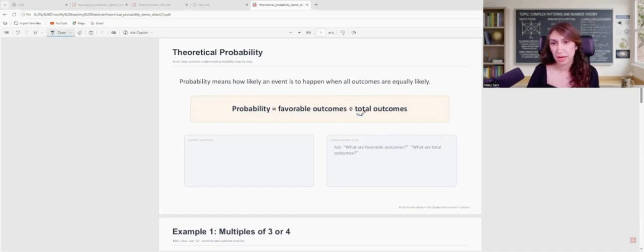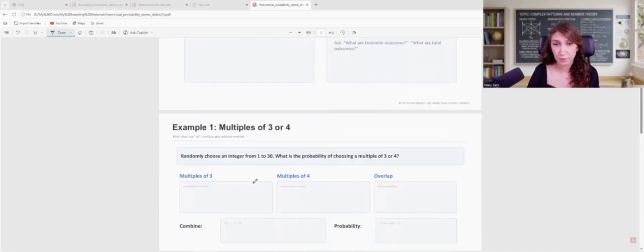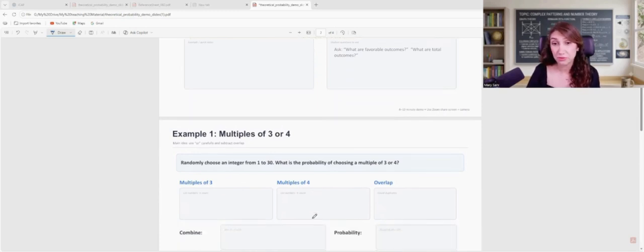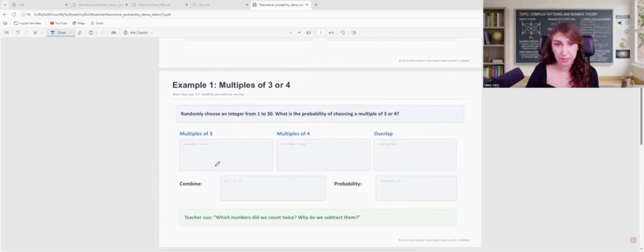Our total outcomes would be 30. Good job. And what we need to find? Yes, we need to find the probability of choosing a multiple of 3 or 4. Let's find it together.